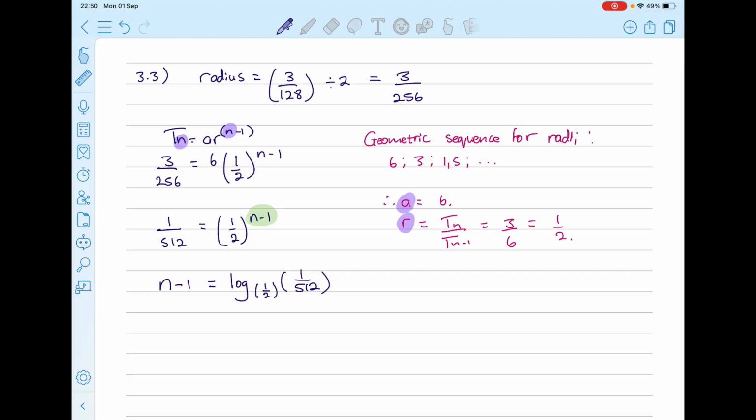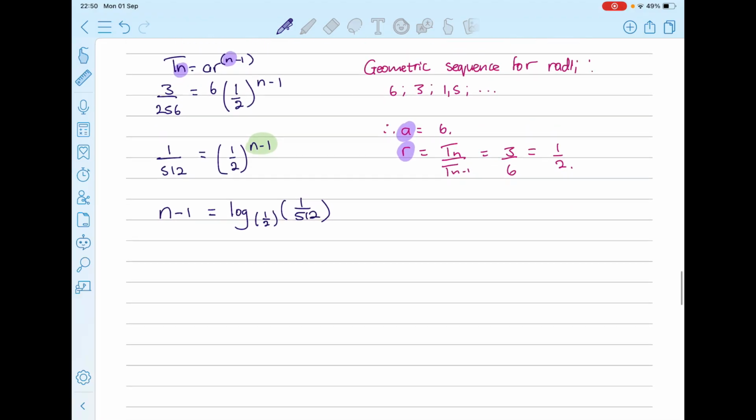This is what we put in the calculator. And then from this, we get n minus 1 will be equal to 9. And then taking 1 to the other side, we therefore have n is equal to 10. What a coincidence. So that is the final answer for this question.